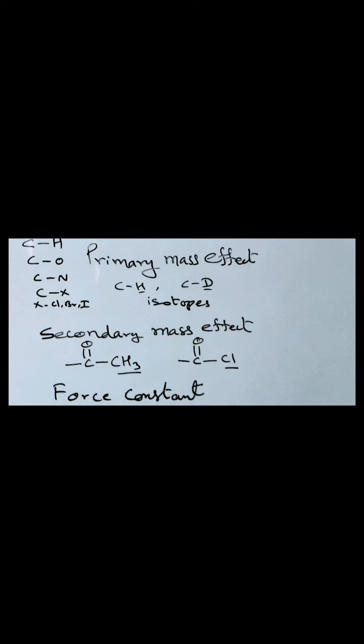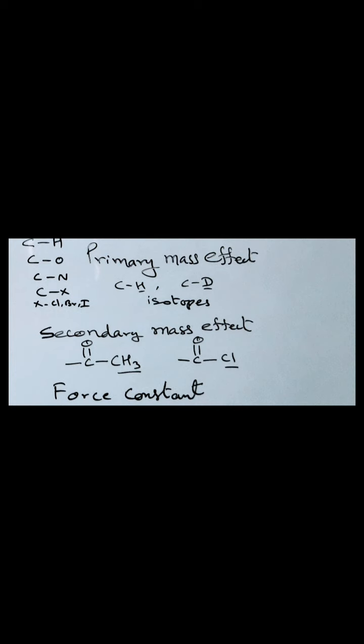Sometimes the atomic mass can also be varied by changing to an isotope. Instead of hydrogen, you may have deuterium. Whether it is different atoms or isotopes of the same atom, the mass differs, so automatically the reduced mass of the system varies.